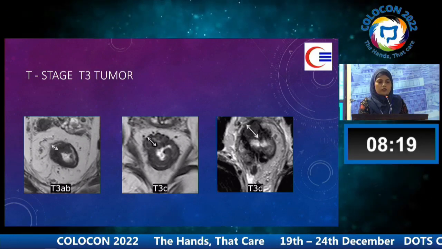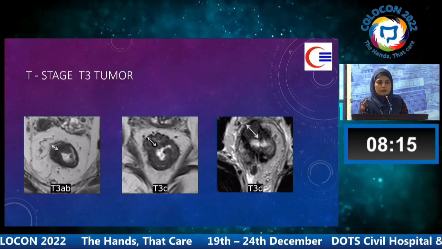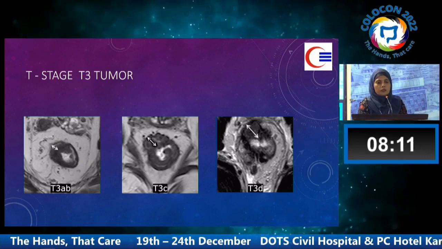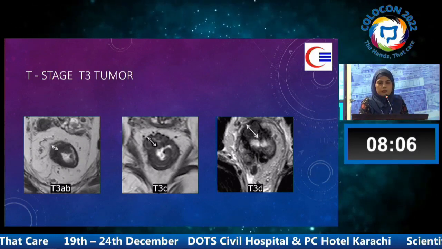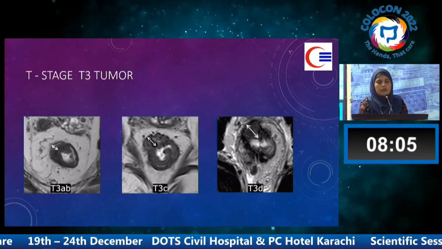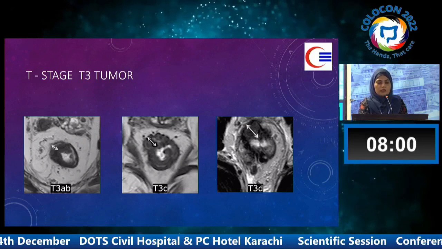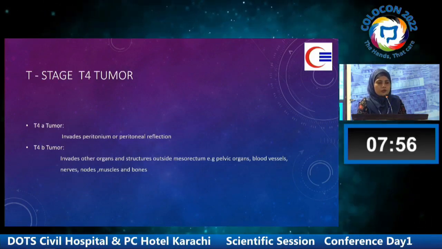And if it involves the mesorectal fascia or MRF, it is called a T3D tumor or MRF positive tumor. This is very important to decide how and for how long chemotherapy is given, and in post-treatment staging, we must see whether it is MRF negative now or not.